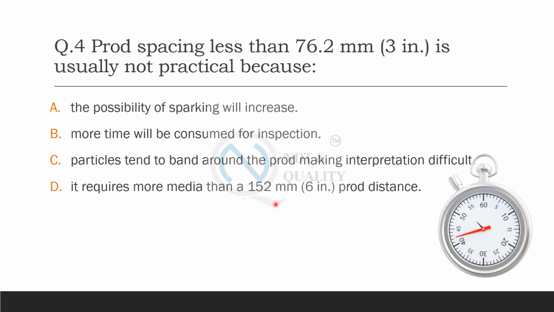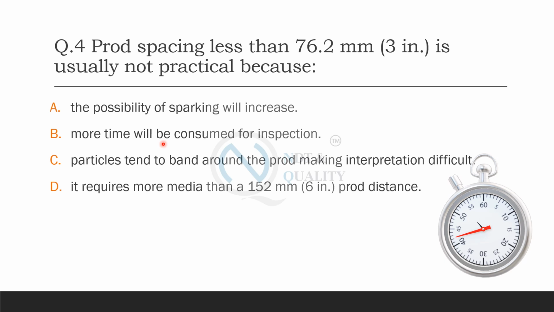Let us go through the options one by one. First, D: it requires more media. No, it is not a logical option. We will require the same media for 3 inch, 4 inch, 5 inch. Option A, the possibility of sparking will increase. It may be, but this is not the correct answer. Option B, more time will be consumed for inspection.